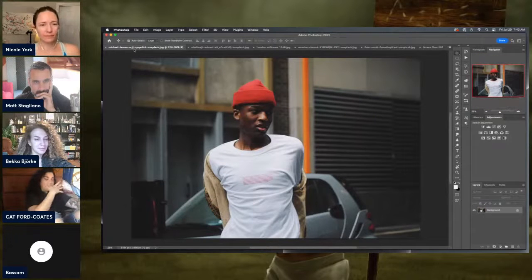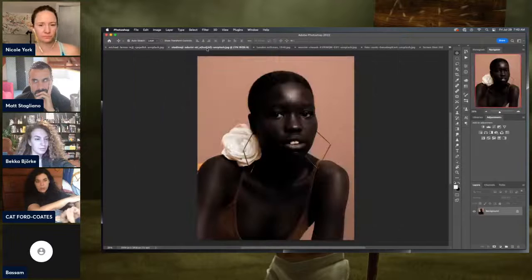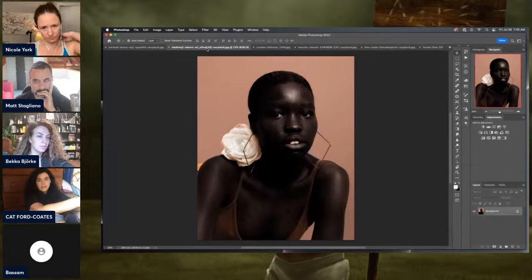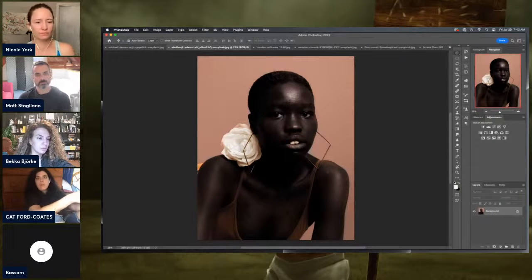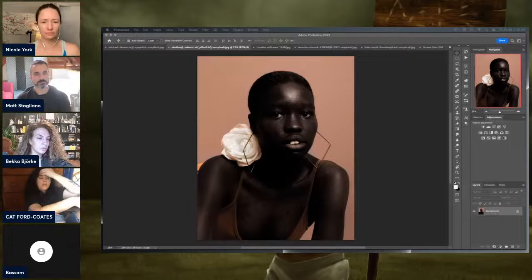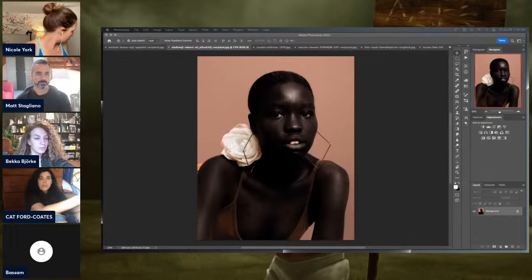When it comes to studio work specifically, like going back to the woman on the pink drop, the color communicates, right? But I think it's also the intention. Because in a studio setting, on a sweep versus a hand painted backdrop or fabrics or whatever, you are dialing in on having the subject be the only thing that communicates.